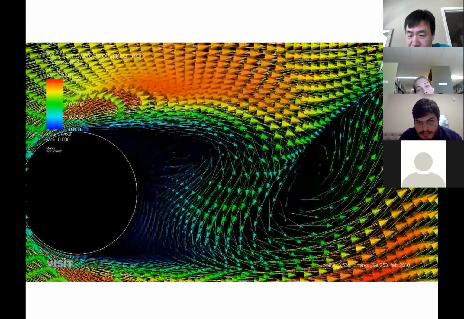I want to introduce a way of displaying the result. This is called a vector field. So I guess in some of your math classes, you talk about vectors. This is a powerful method to display the result. You can look at this. They actually have a lot of grid points in this flow field.